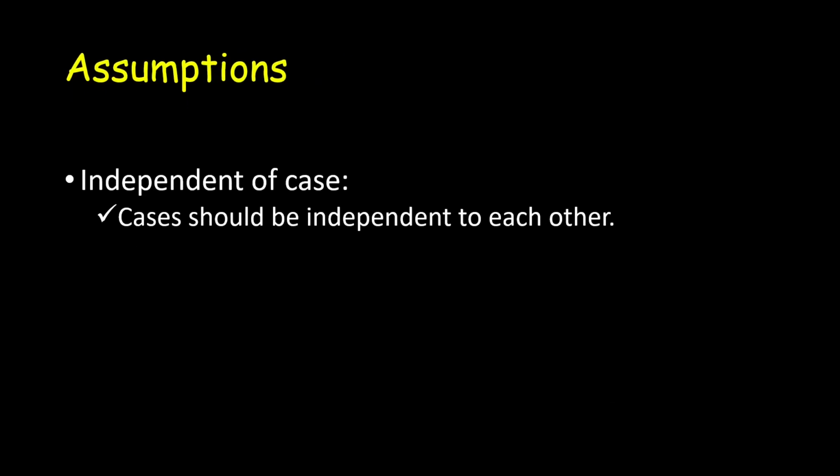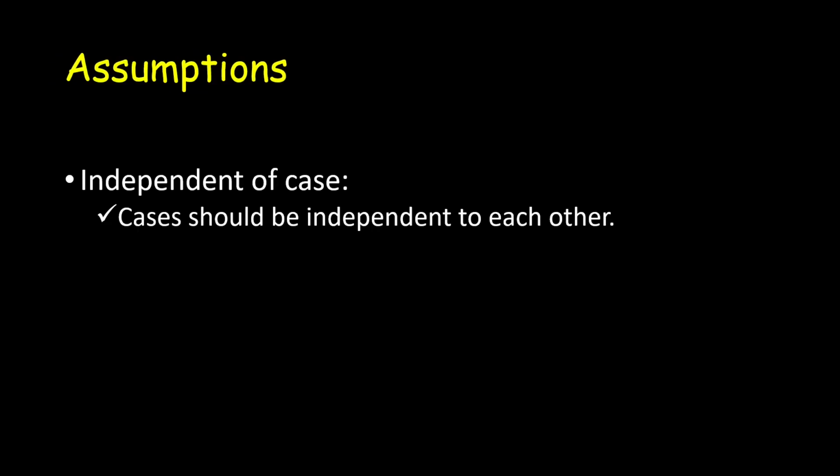There are certain assumptions. The cases should be independent of each other. We have two variables, an independent and a dependent variable, but in our case we should have both as independent variables. First, let's see what a dependent and an independent variable are.